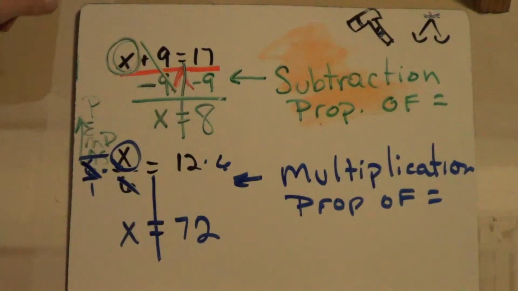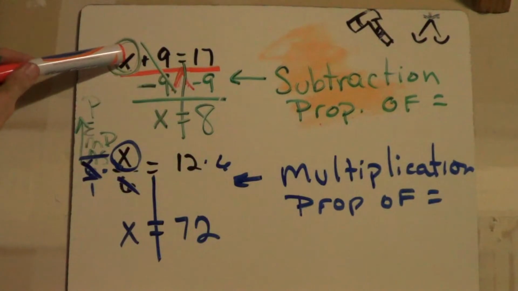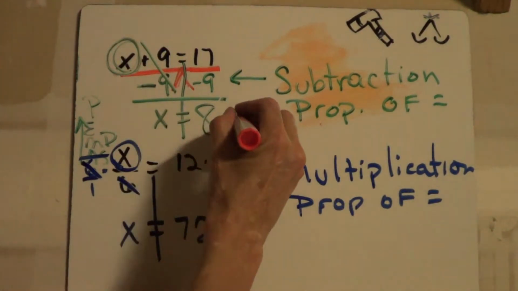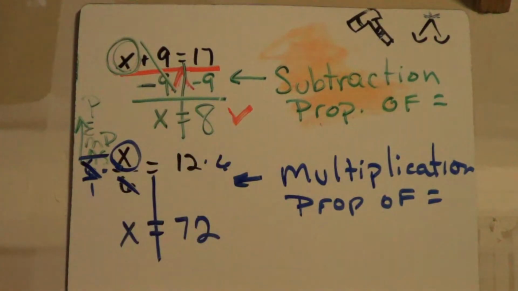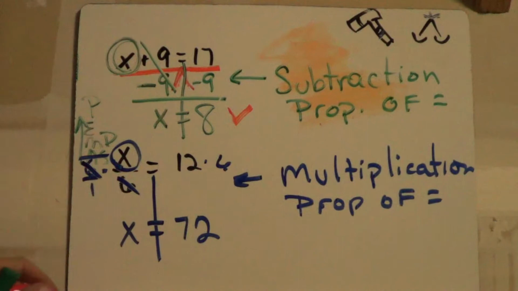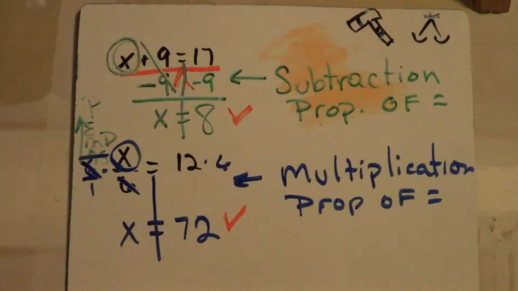The last thing that I would ask you to do when you're doing these kind of problems is go back and check 8, plug it in there, 8 plus 9 equals 17. That one checks. And 72, check it out, 72 divided by 6, does it equal 12? Yes, it does. So that is the next thing on there.